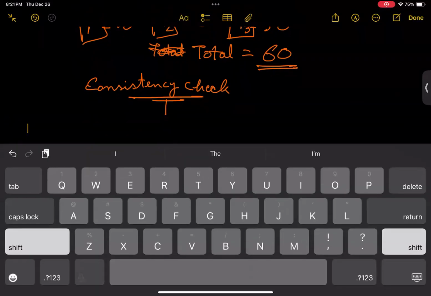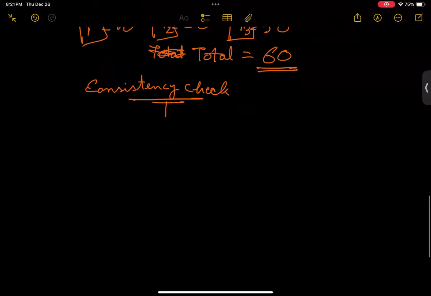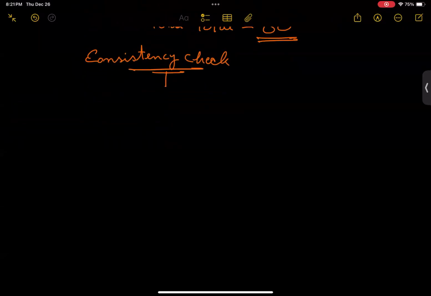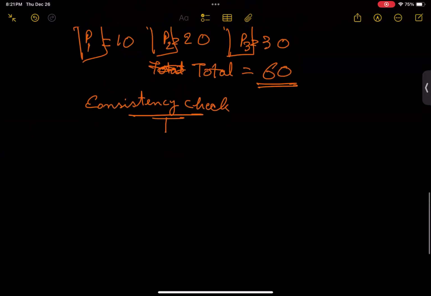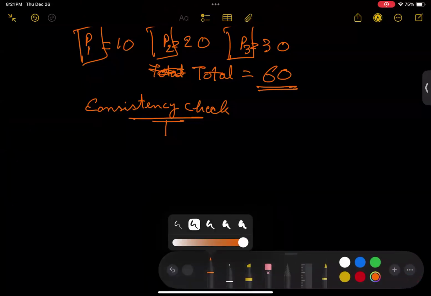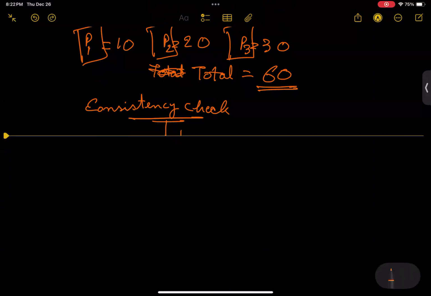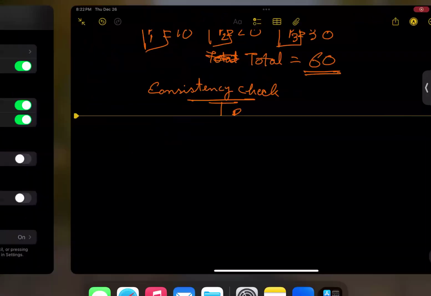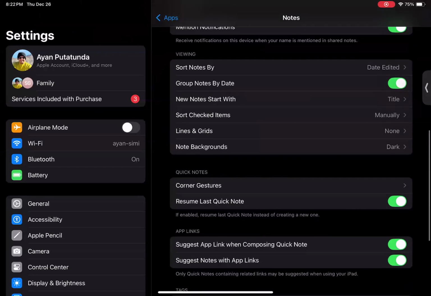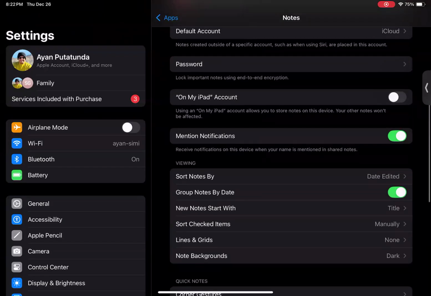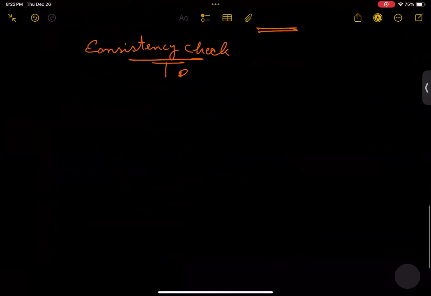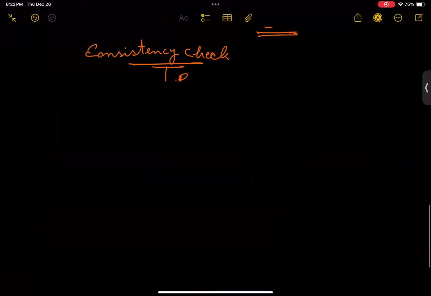This is not working in my favor. Is it the yellow line or the blue line?